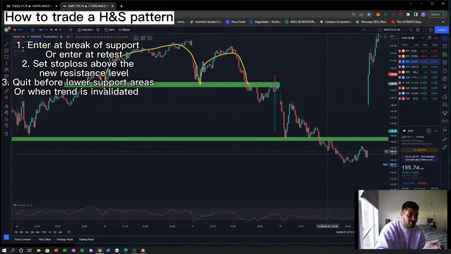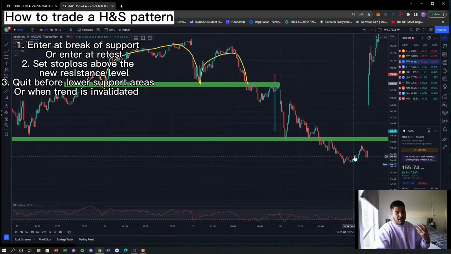It decided to sell off, made a lower low, lower high, lower low, and then around here we can treat this as a lower high. It basically stopped setting lower highs, and then instead it decided to pull back, and the sellers decided to take control.